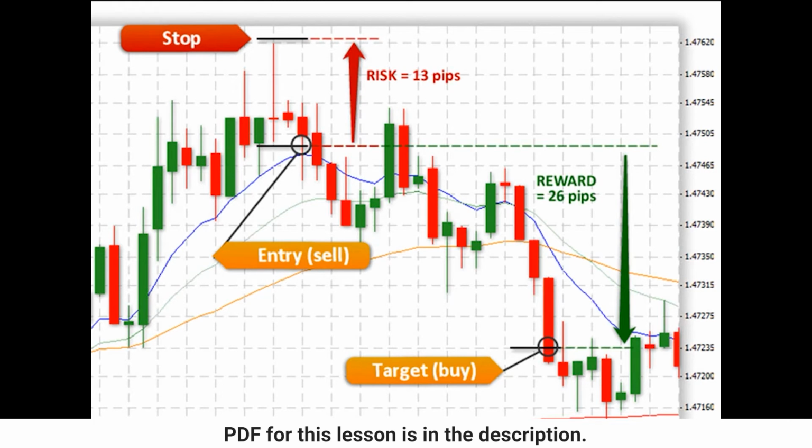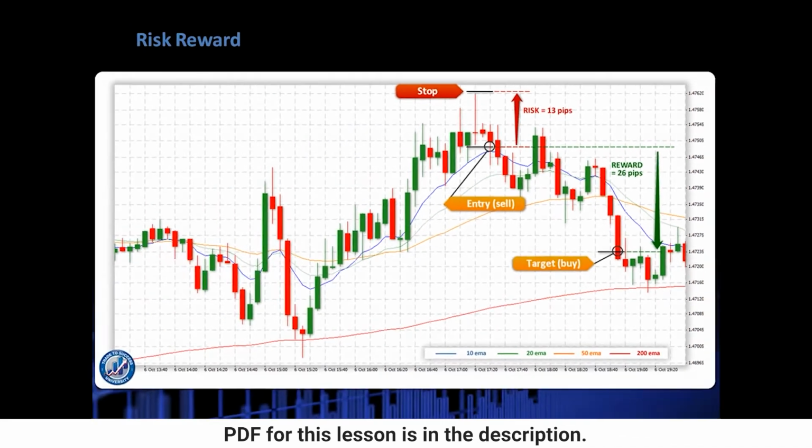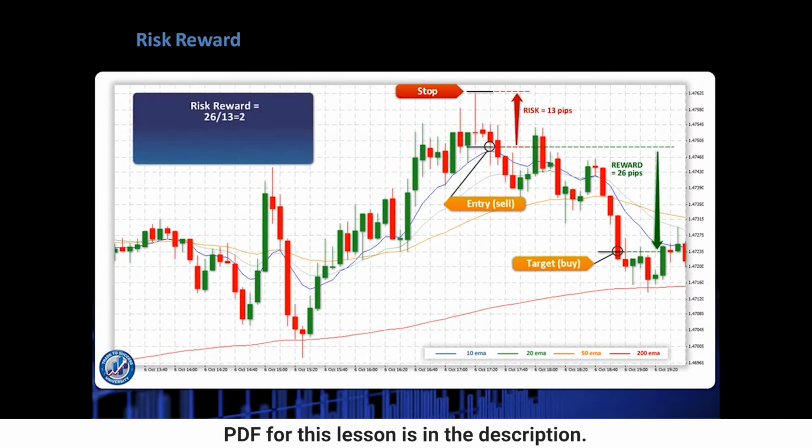And I just want to point out here that our entry, our stop, and our target is predetermined before we enter the trade. Therefore, we work out these numbers before actually entering the trade. So here we see that our risk reward is our reward divided by our risk, which is 26 divided by 13, which equals 2. So for every dollar you risk, you are making $2 reward.